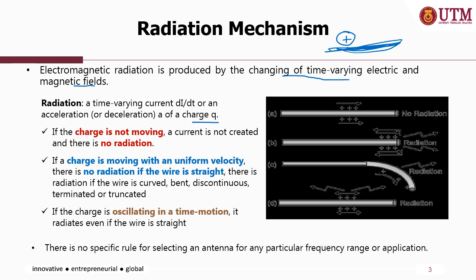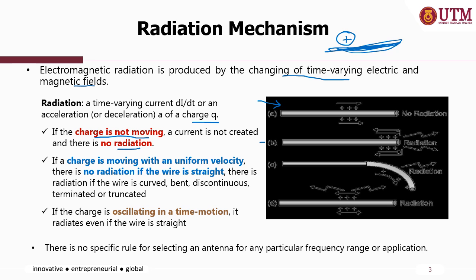By referring to these figures, the figure basically represents different types of radiation depending on the structure. For example, the first one, for a straight wire, if there's charge but the charge is not moving, there's no current or time-varying electric and magnetic field, therefore no radiation.